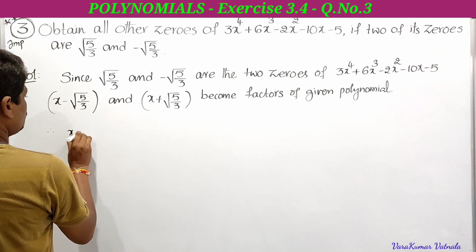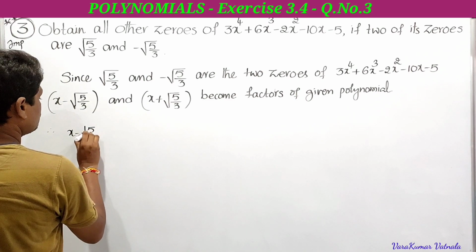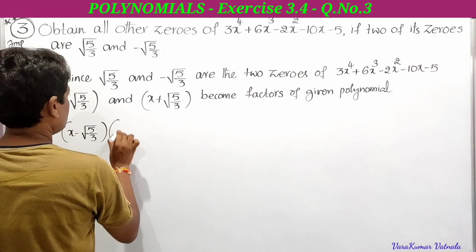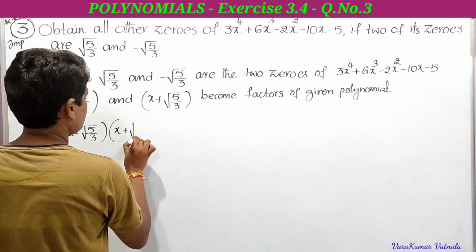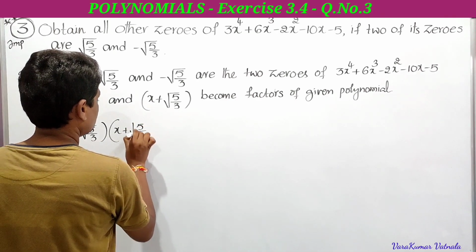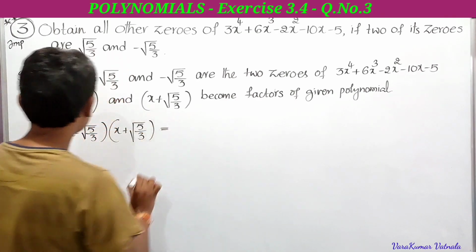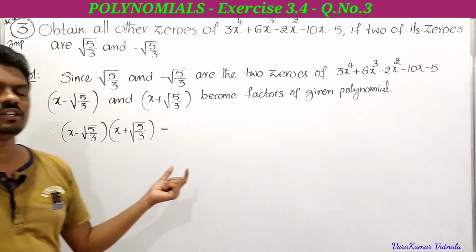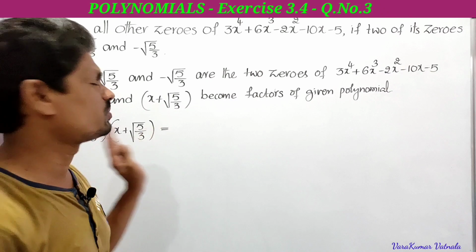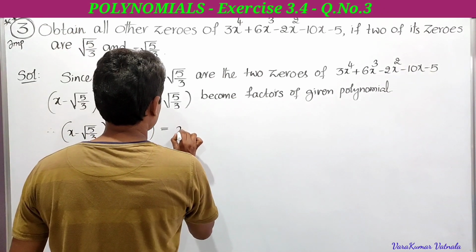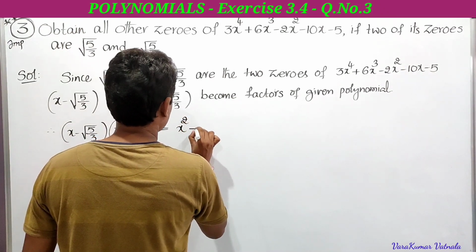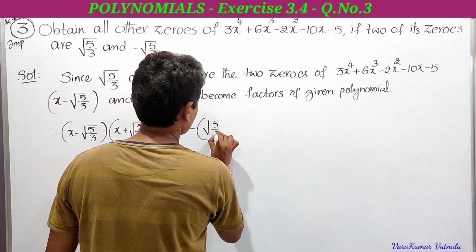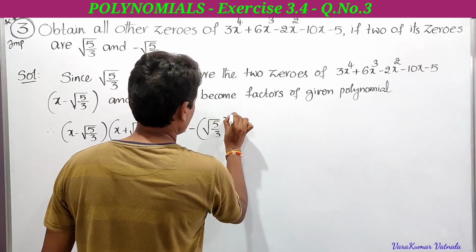Therefore, x minus square root 5 by 3 into x plus square root 5 by 3 is in the form a minus b into a plus b. A minus b into a plus b is equal to a square minus b square. So a square is x square, and b square is square root 5 by 3 whole square.